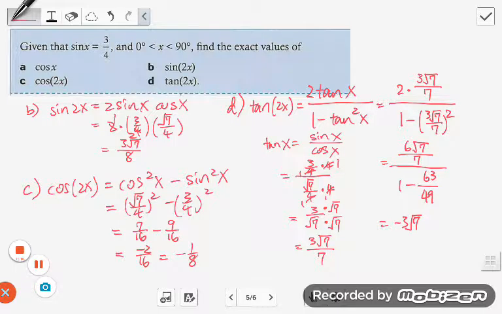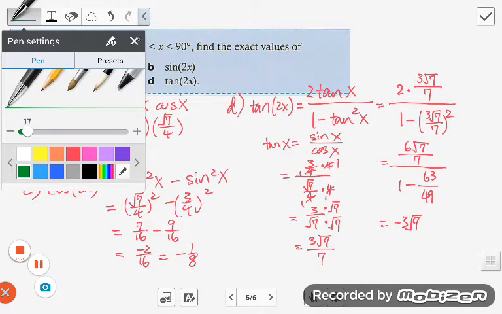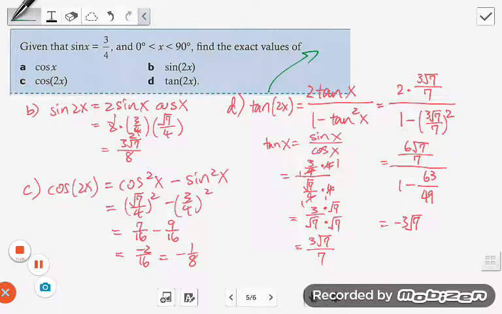Okay? This is actually the long way. This is not the fastest way. Think about what is the fastest way. So I'm going to use a different color. I'm going to use green. The fastest way for this will be, wouldn't tangent 2x equal to sine 2x over cosine 2x? Isn't this true? Right?